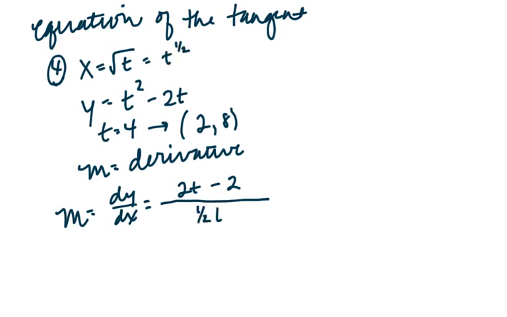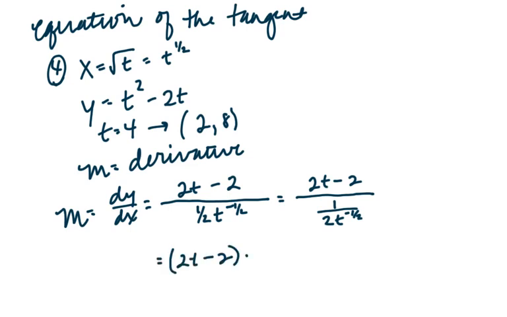So this will be 1/2 t to the minus 1/2. So let's simplify. So we have 2t minus 2 in the numerator. And this becomes 1 over 2t to the minus 1/2. So let's do 2t minus 2 times, flip, 2t to the minus 1/2.